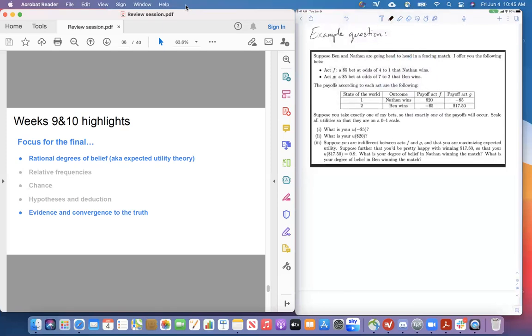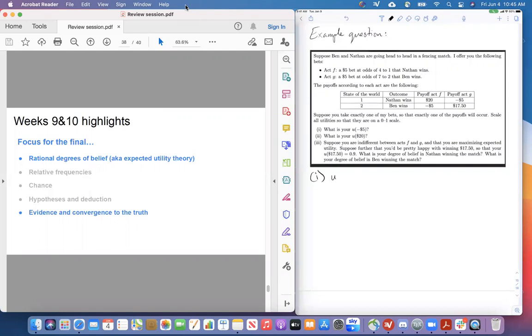And it says, suppose you take exactly one of my bets so that exactly one of the payoffs occur. And you want to scale all your utilities so they're on this 0 to 1 scale. Now, the first two questions in this type of example will always ask you which one's 0 and which one's 1. That's why they're very easy. So 0 corresponds to the worst thing that can happen to you in this situation.